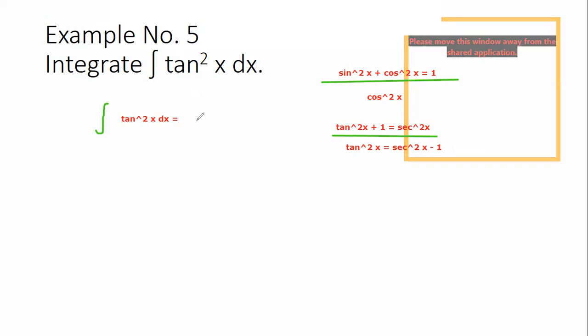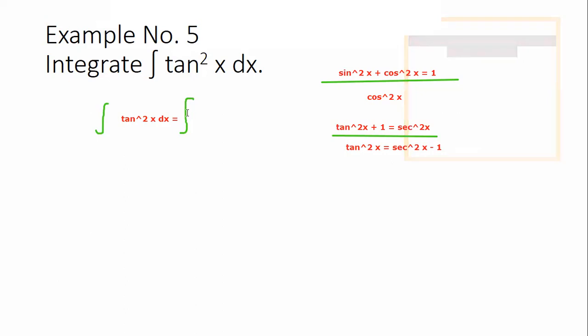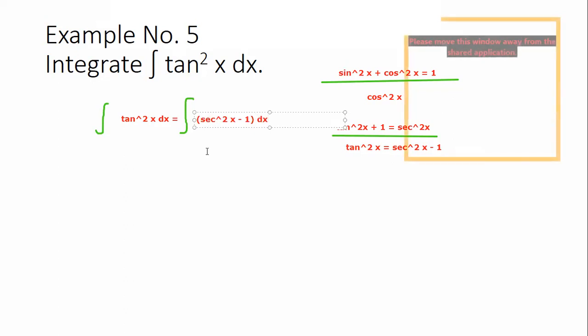So this will be the integral of secant squared x minus 1 dx. Again, we have a grouping symbol, so we need to distribute the integral sign and the dx to all the terms inside the parentheses.